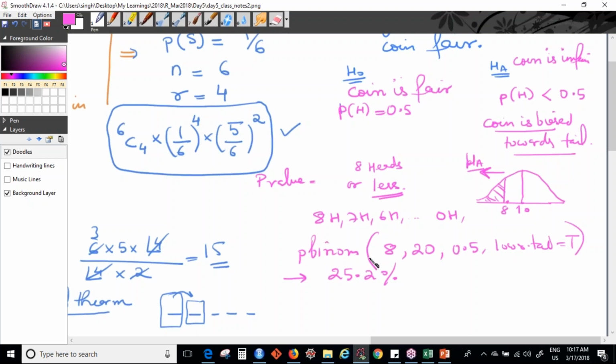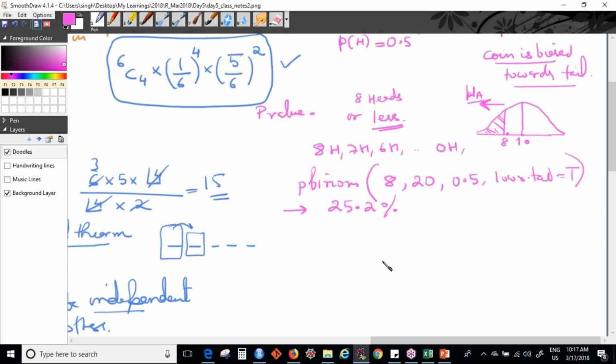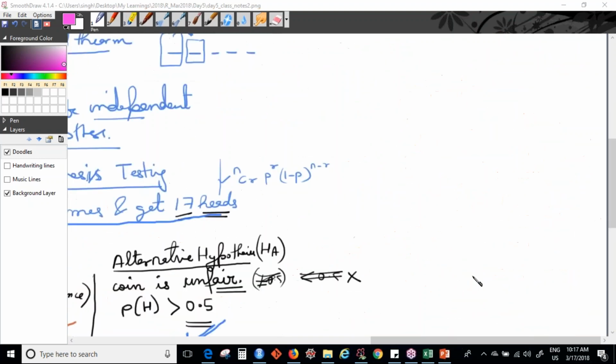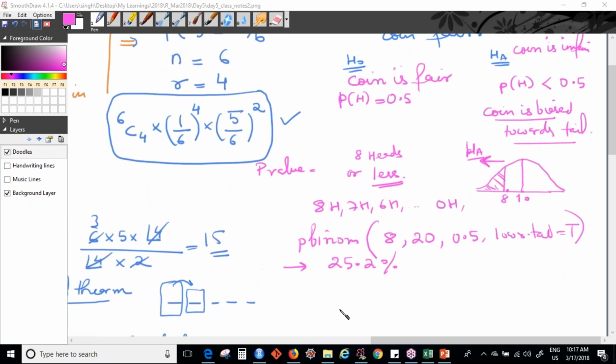Now that's a lot of probability. That's very high for a p-value. So will you reject your null or will you not reject your null? So remember that poem again. P low null go, P high null fly. So our P is high, so our null will fly. So we can say that we fail to reject our null hypothesis.